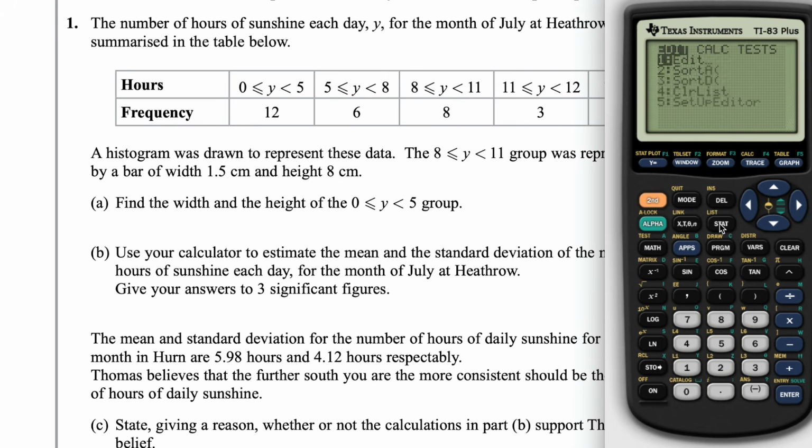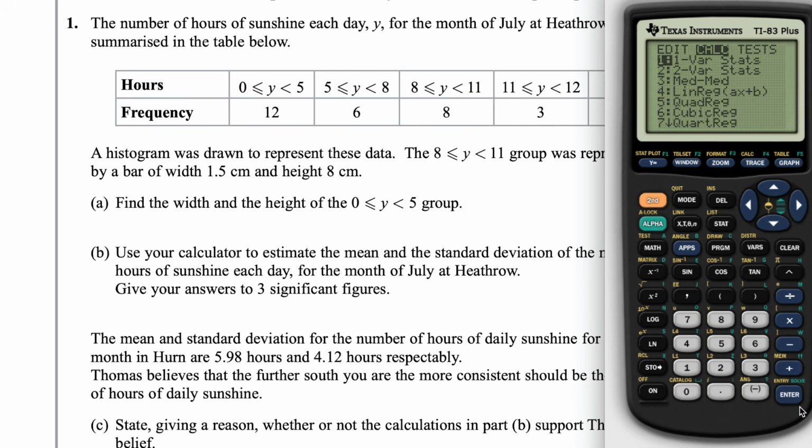You need to go back into statistics and then calculations. So calc for calculations. We want a 1 vars stats test, meaning 1 variable statistics, because we have really only 1 variable here, which was the hours. 2 variable statistics is where you have 2 variables, like a scatter plot, for example.